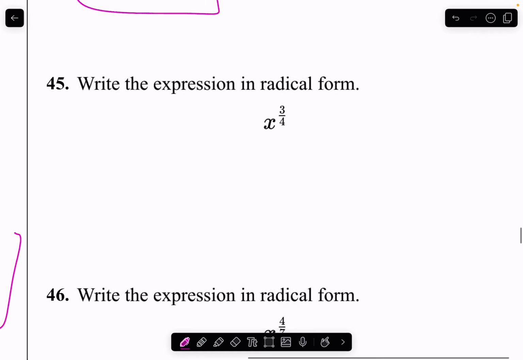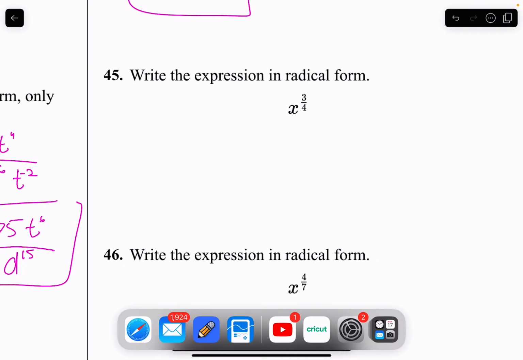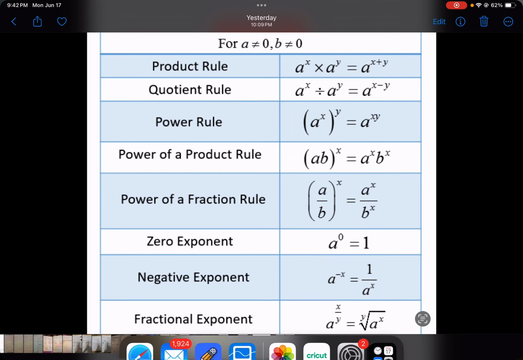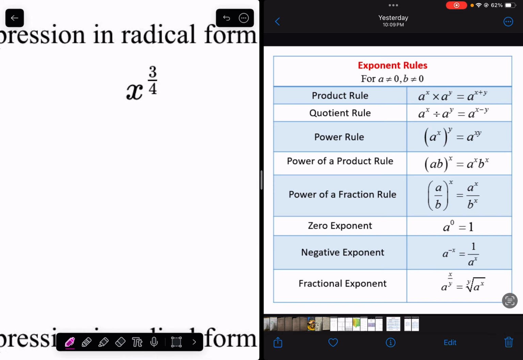All right. So now we're going to go ahead and do some work with the radicals here. Now if we look at our rules, the last rule that we copied down here was the fractional exponent. And it's pretty simple. Basically what happens is this guy goes inside of the radical and this guy becomes the power. So it would just be like 4th root of x to the 3rd. All right. Let's see.